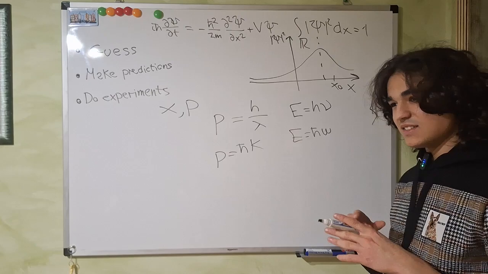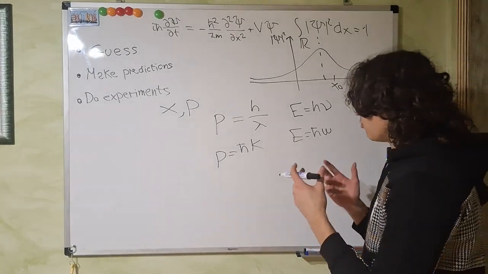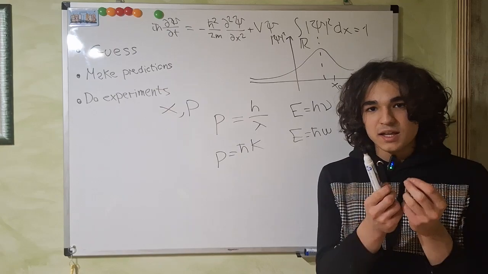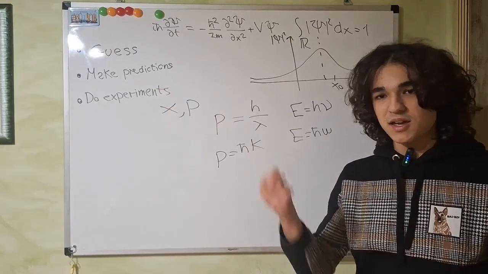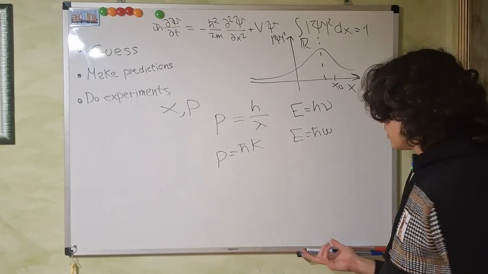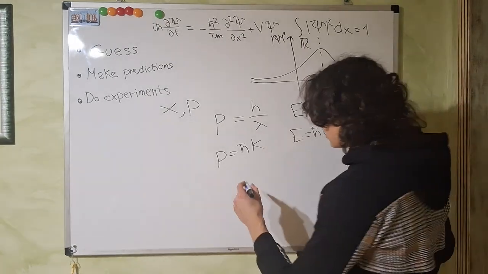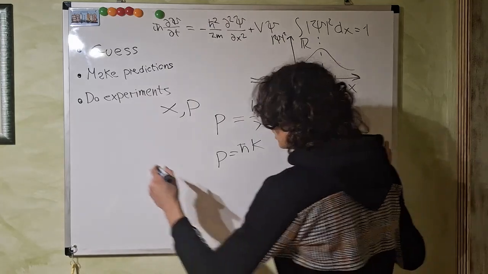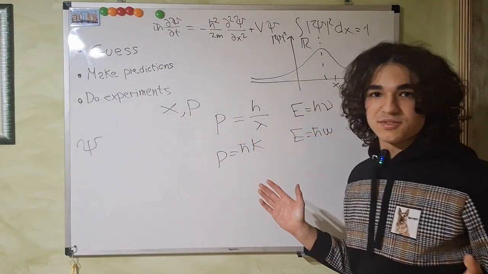So basically what happened is that Schrödinger was challenged to find an equation, a wave equation, because if light can behave as particles, why can't matter behave as waves? So he had to find an equation, and in order to find an equation, you have to start with something that is a wave.